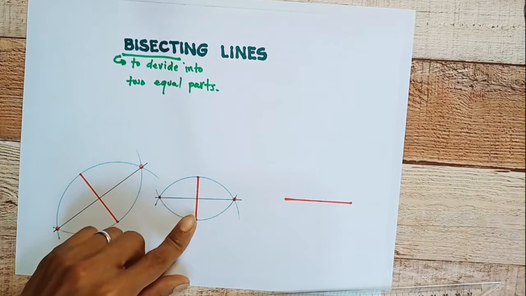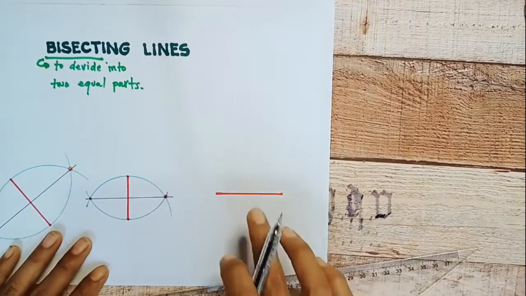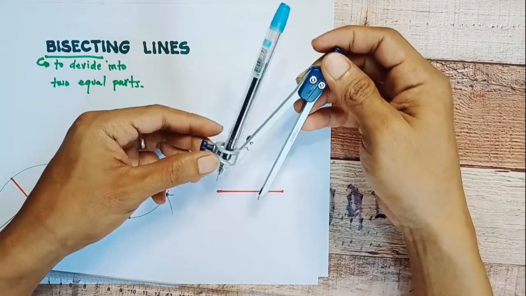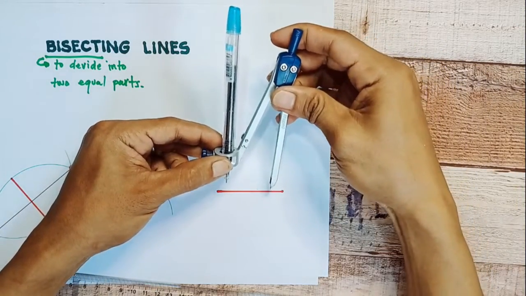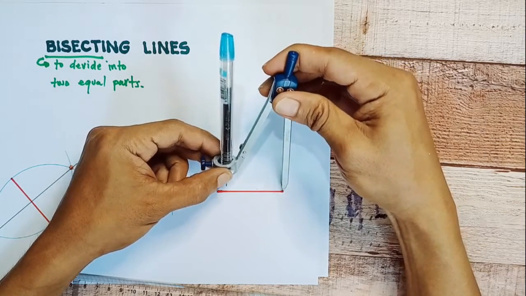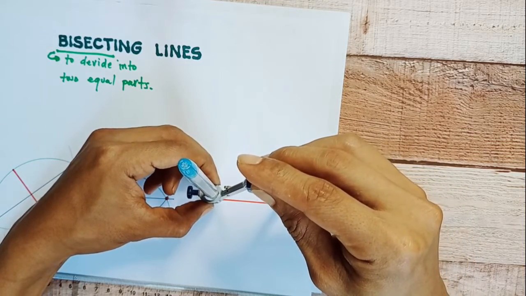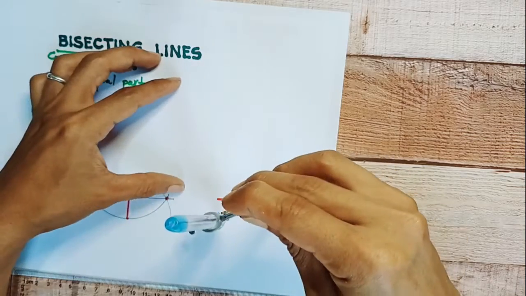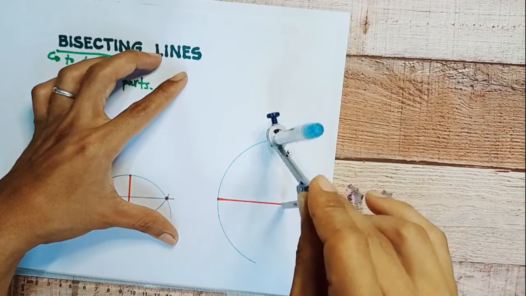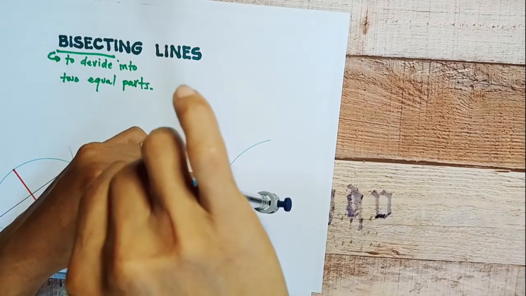And lastly, it will be for our horizontal line. Again, needle point on point B, and our pen point will be on the other end, and just draw an arc there. Then here, there, then just draw an arc.